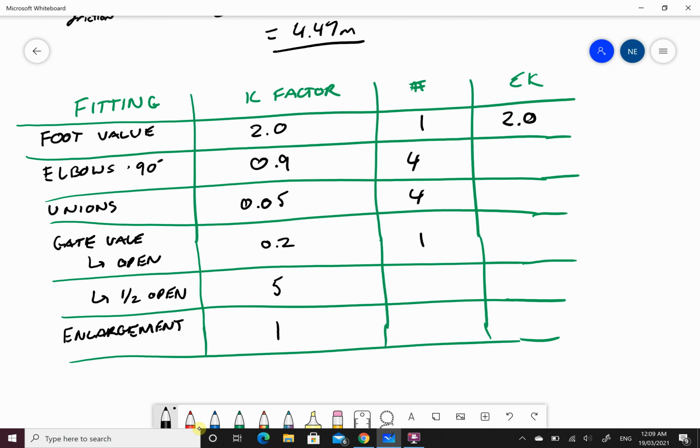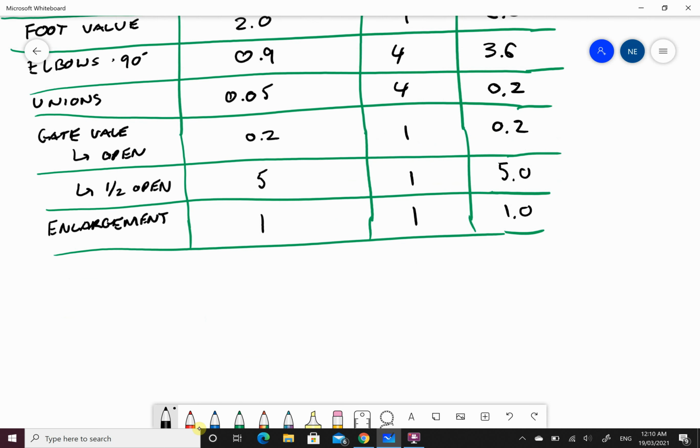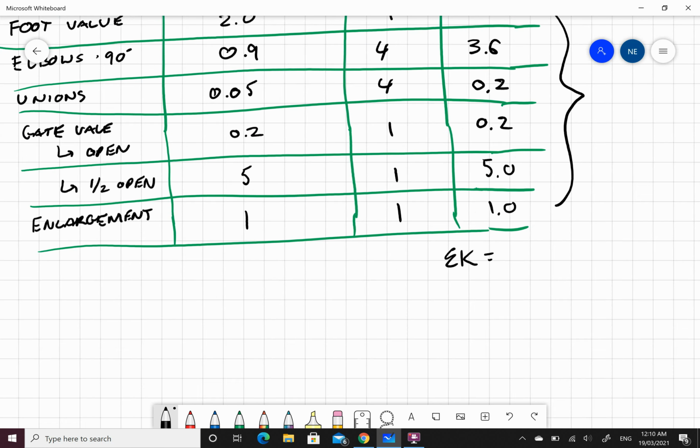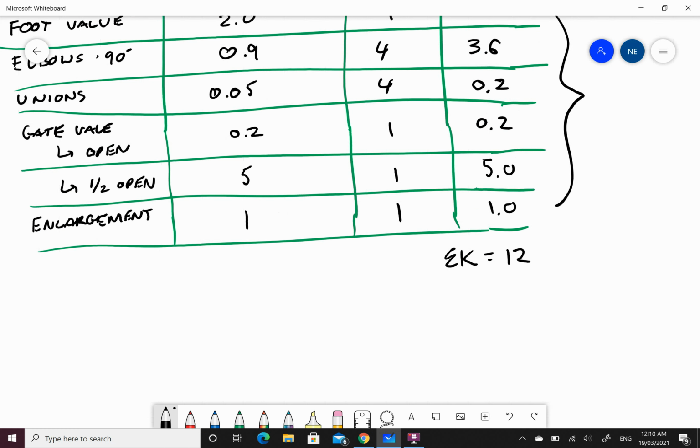I had 1, 1, and 1. So multiply these out: 3.6, 0.2, 0.2, 5, and 1. So my sum of K, adding all of these together, is 12.